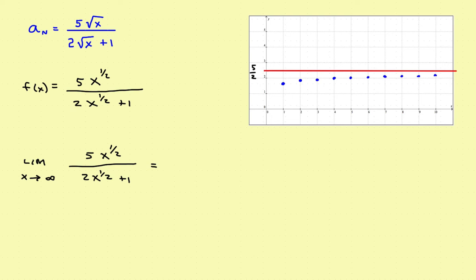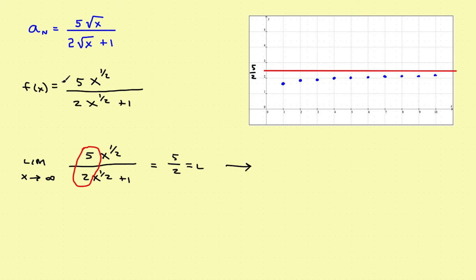Now again, we can use the rule that says if the highest power in the top is the same as the highest power in the bottom, then the limit of the function is just the ratio of the coefficients in front. So this will turn out to be 5 halves, and that's going to be the limit, which is what we were expecting up here.